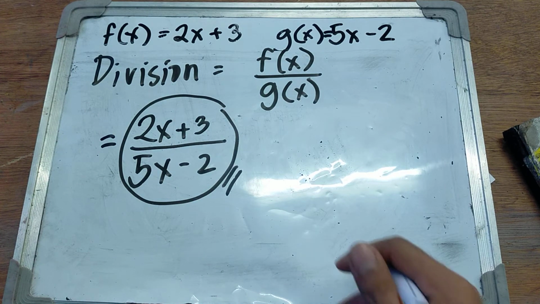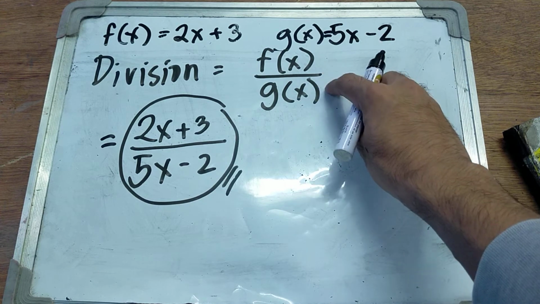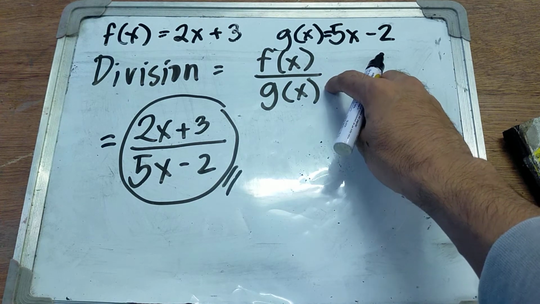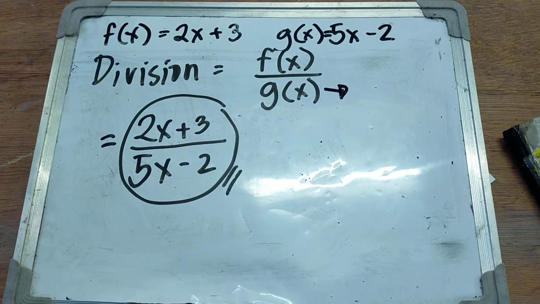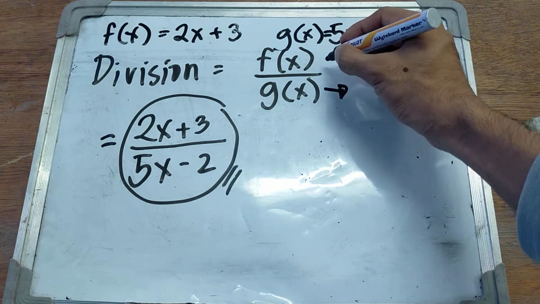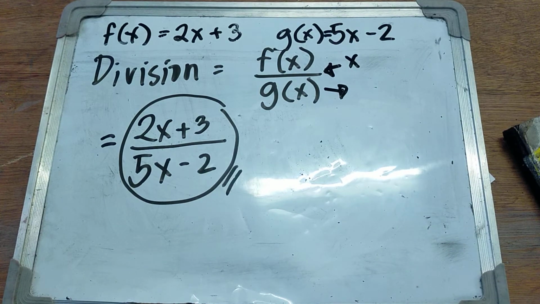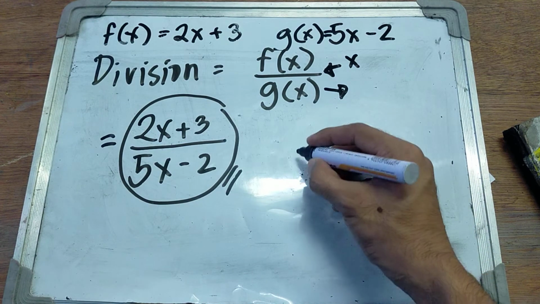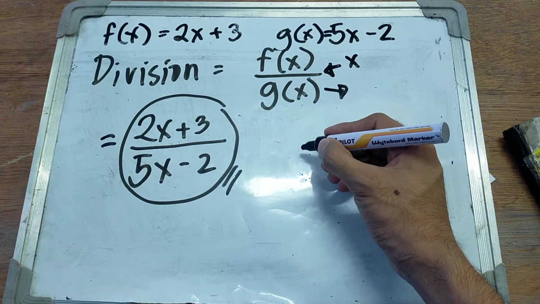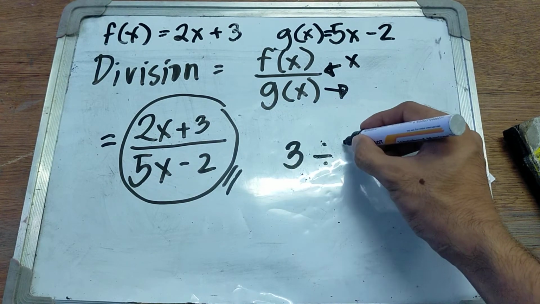Okay? So, in every time tayo na mag-divide ng g of x, okay? So, ang rules dyan is to find its reciprocal. And then, instead of division, magpo-proceed tayo sa multiplication. Okay? So, for an instance, let's say we have 3 here, and then divided by 1/5.